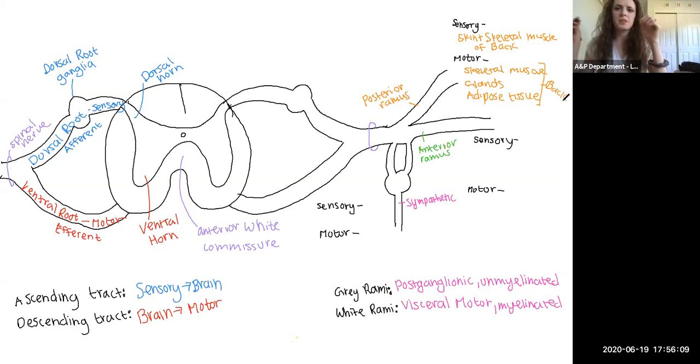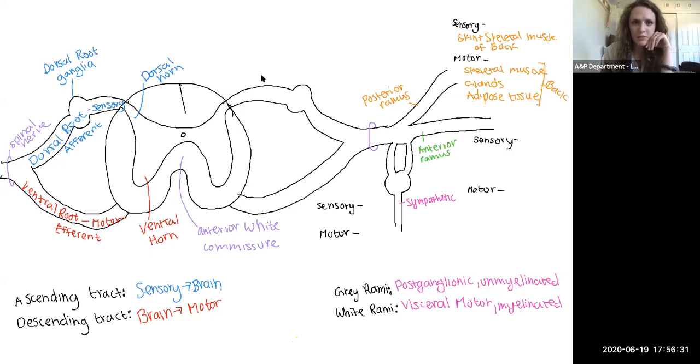Okay, so your posterior ramus is going to bring in sensory information from the skin and skeletal muscle of your back, while it takes away motor information of your glands, skeletal muscle, and adipose tissue of your back. Remember, posterior is back, so if anything is dealing with your back, it's going to be your posterior ramus.